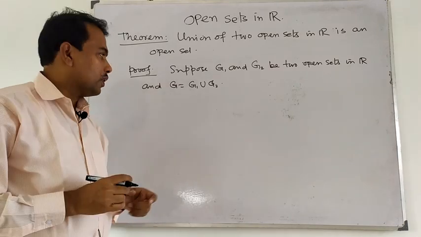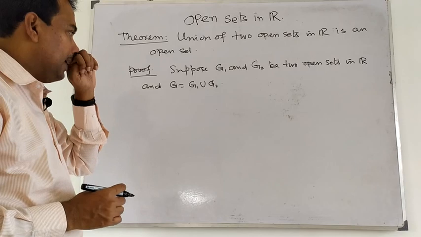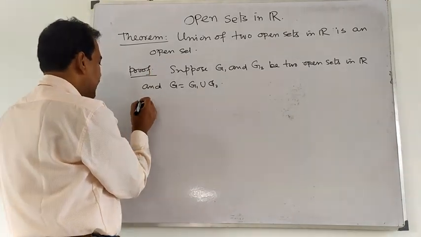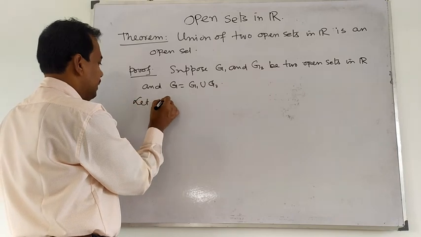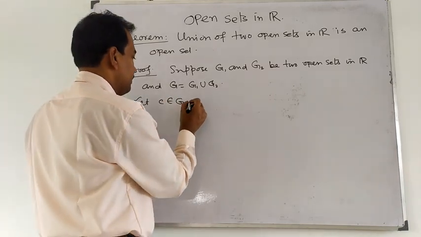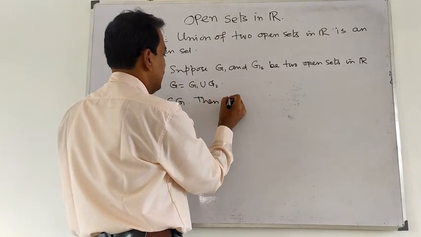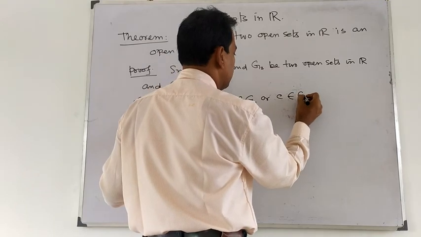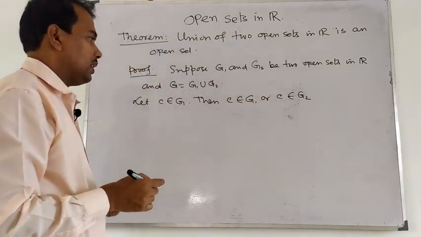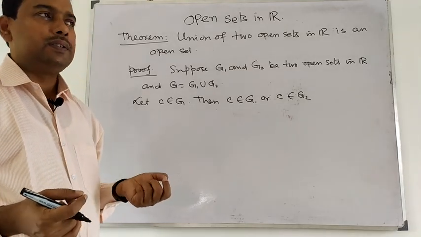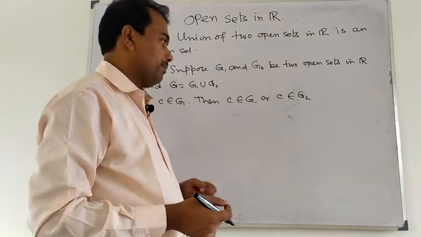That is, we have to show that each point of G is an interior point of G. Take any point, let c belong to G. Then c belongs to G1 or c belongs to G2, or maybe c belongs to both of them.